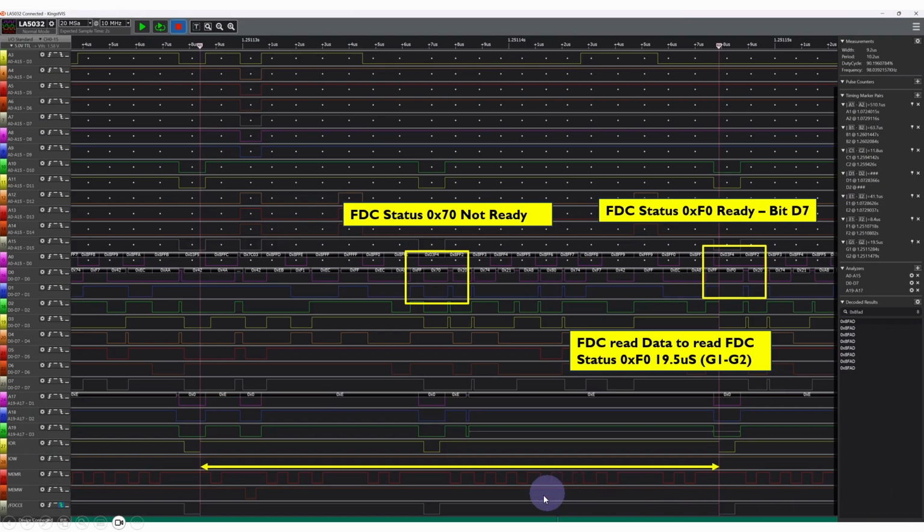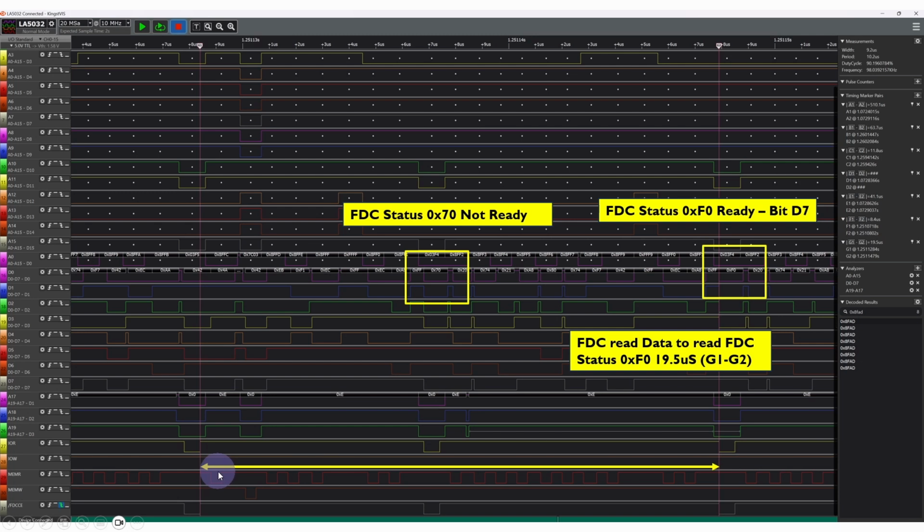But one of the problems we ran into is that depending on the timing between the last read and the status read, you can actually get a not ready. So what we have here is we've actually read the data, then we've read the status, but the floppy disk controller is not quite ready, and then we've read it again.